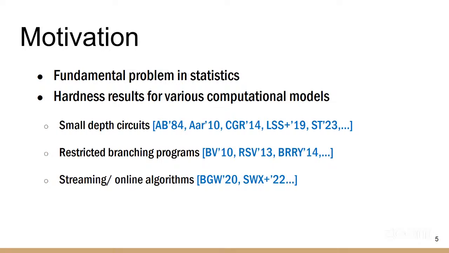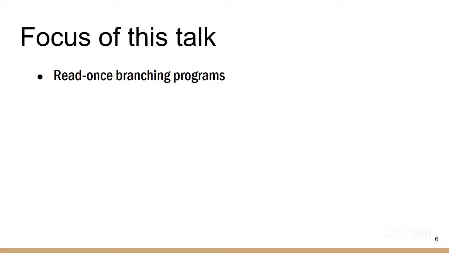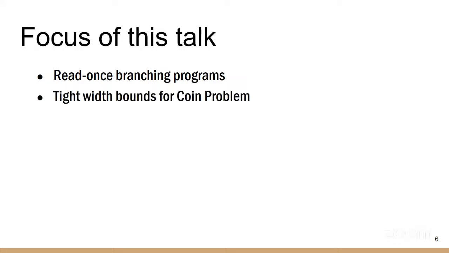So understanding the hardness of the coin problem has been central to understanding various computational models, especially in circuit complexity in the recent past. In this talk, we will be focusing on read-once branching programs. I will first define what read-once branching programs are, and then we will see the question we ask: how much width is required to solve the coin problem.